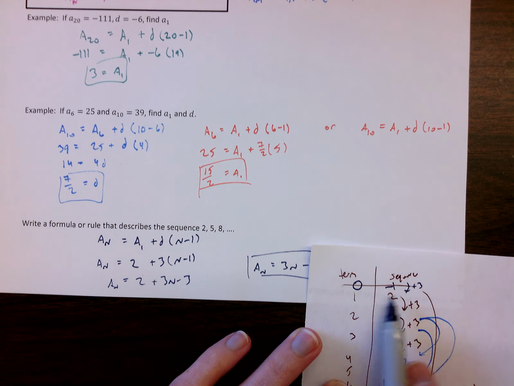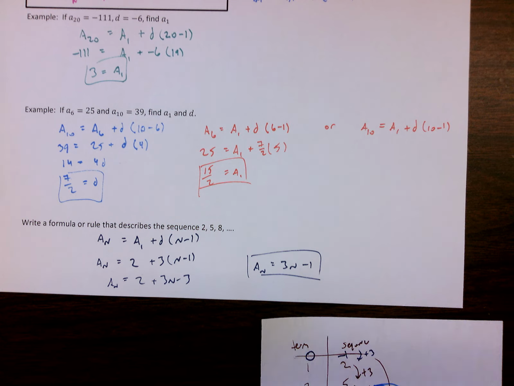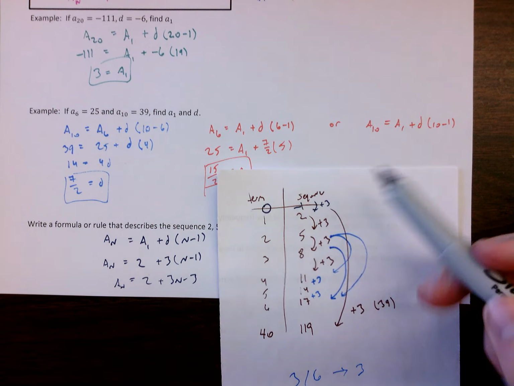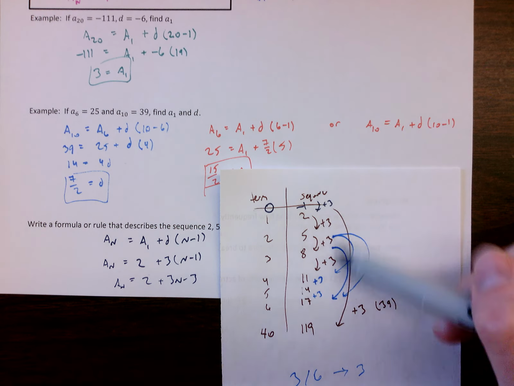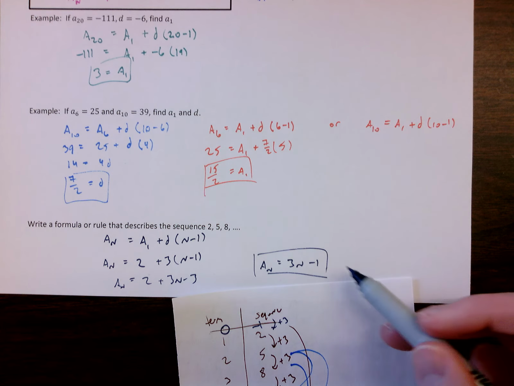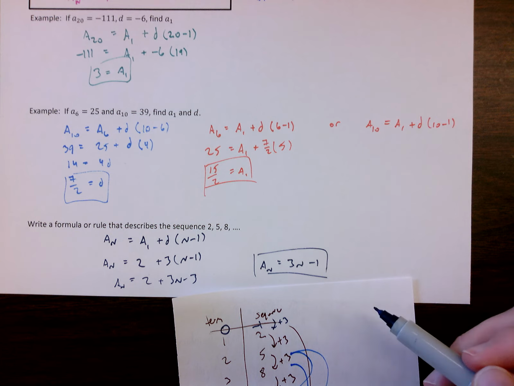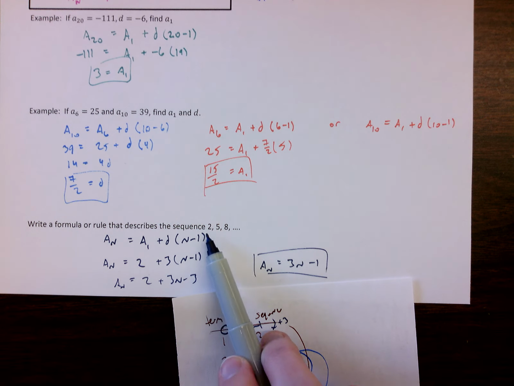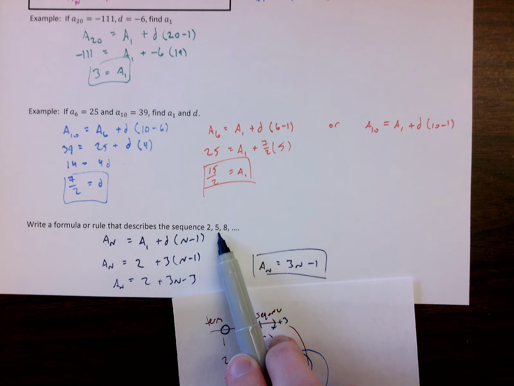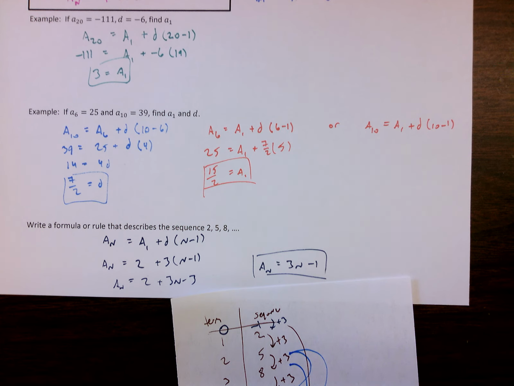So my y-intercept is -1. There you go. And my slope, change in y over change in x, is 3/1. There's your slope, right? So this is just y equals mx plus b. It's the same equation. So you could also approach it that way. Right? You could look at this as the point (1, 2), and then (2, 5), right? Where the first number is the number term it is in the sequence. And you could calculate it that way as well.